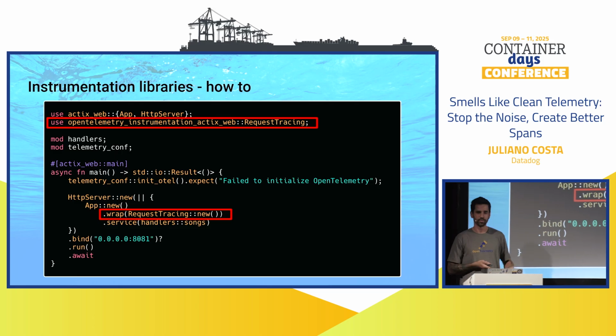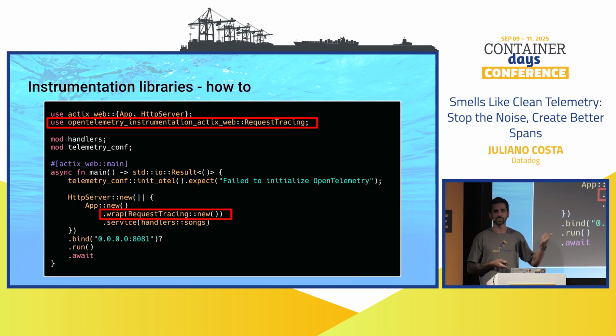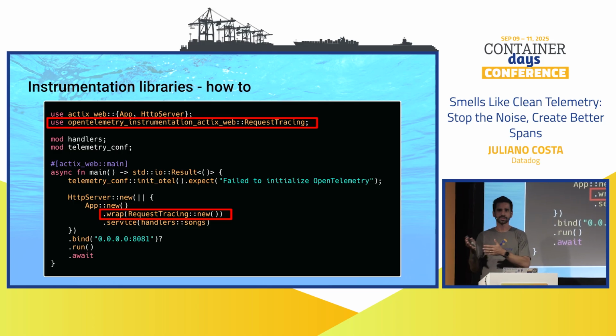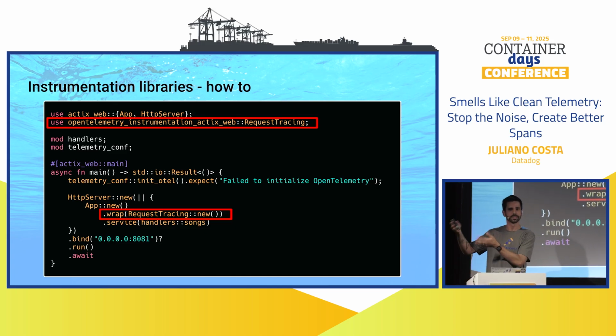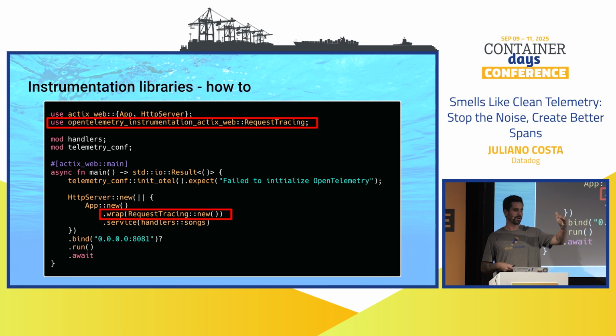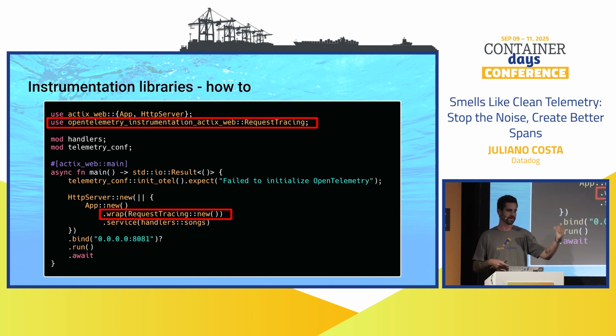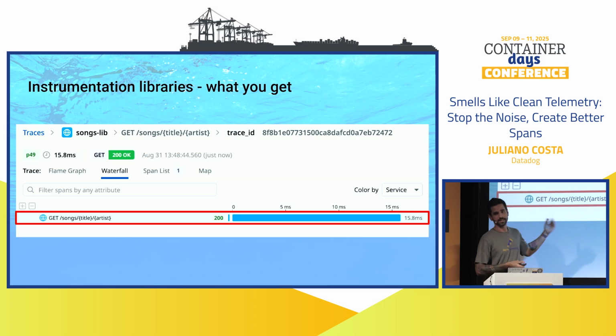I have an example here in Rust, where I'm using the ActixWeb framework, and for ActixWeb, there is an OpenTelemetry instrumentation ActixWeb. So I just added this crate to my cargo file, and now I just wrap my server using the request tracing, and whenever my handler songs is called, I get a span. In this case, I just have one span. The application is doing exactly the same as the Java application, but I just get one span because just the web server part is instrumented.